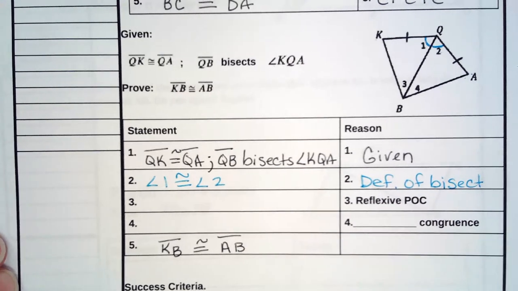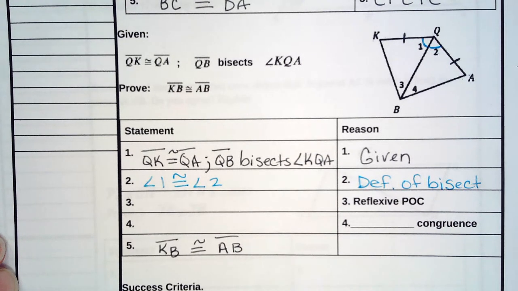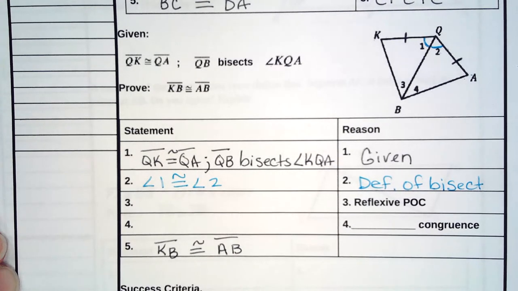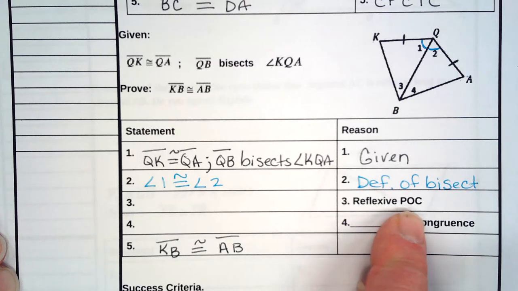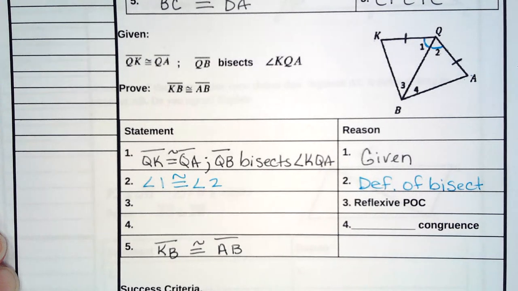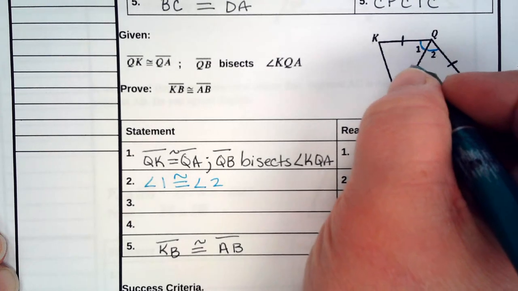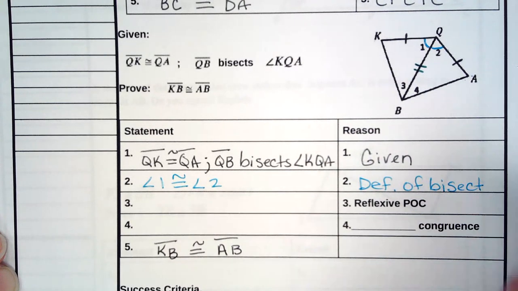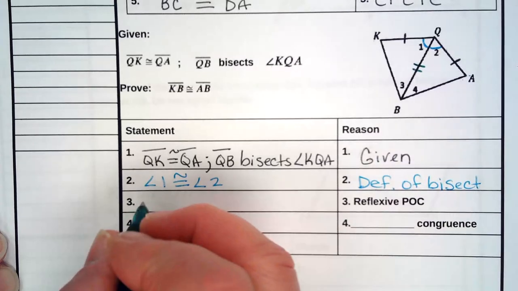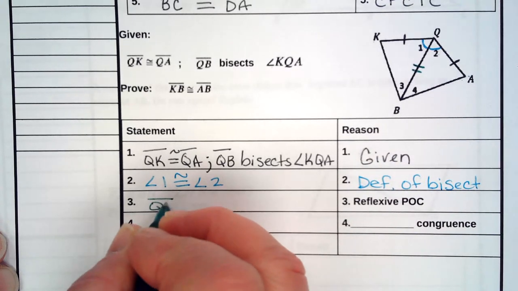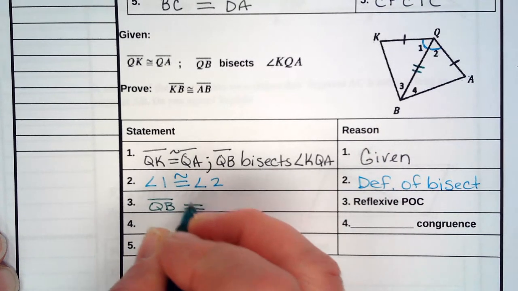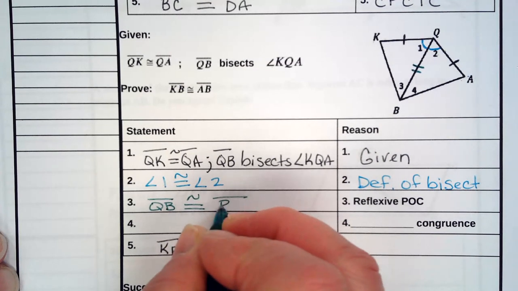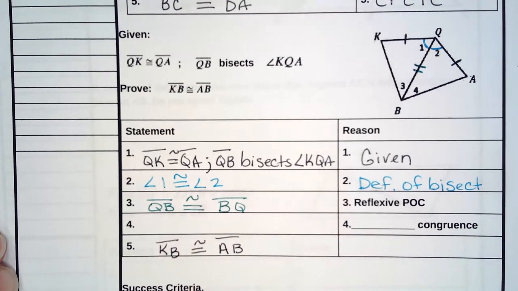Bisect means to cut into two congruent pieces. That's the definition. Okay, so we've got one side, one angle. Next, we're going to use the reflexive property of congruence. Reflexive means it is congruent to itself. Segment QB is going to be congruent to segment BQ by that reflexive property.